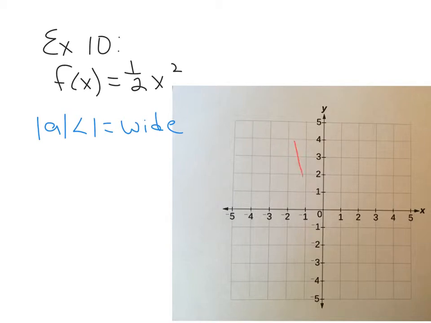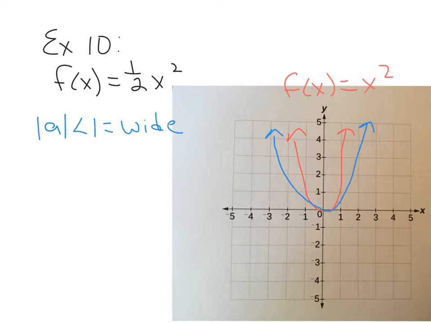So the standard parabola is here. We're going to mark that as just x squared. Our new parabola, since its coefficient's absolute value is less than 1, will be more wide. So it has the same vertex at the origin.